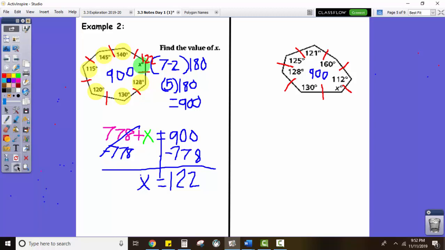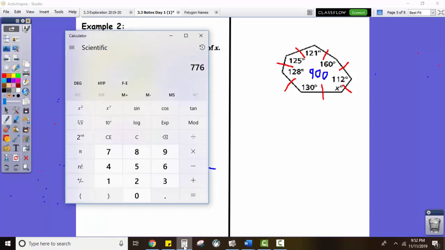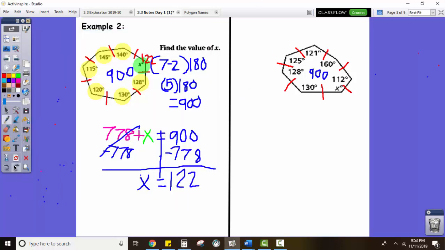Now, when I combine my like terms of the degrees that they gave me, so I'm finding the missing one, I add 112 plus 160 plus 121 plus 125 plus 128 plus 130, I get them all, equals 776.